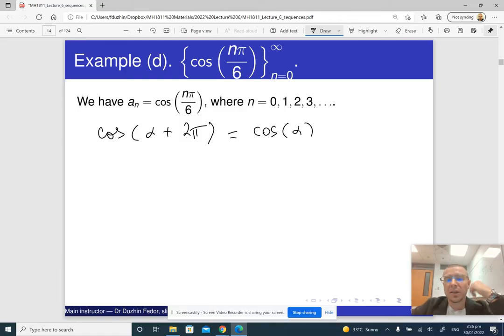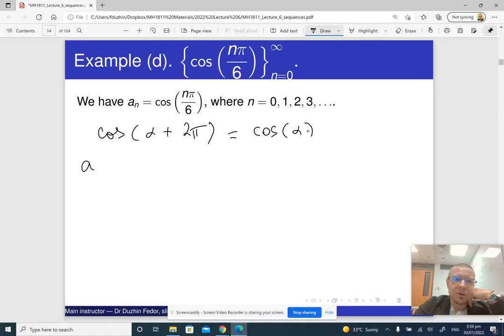In our case, notice that there is a division by 6 here. So if we change n by 12, then we will essentially make this operation. Let me explain what I mean.